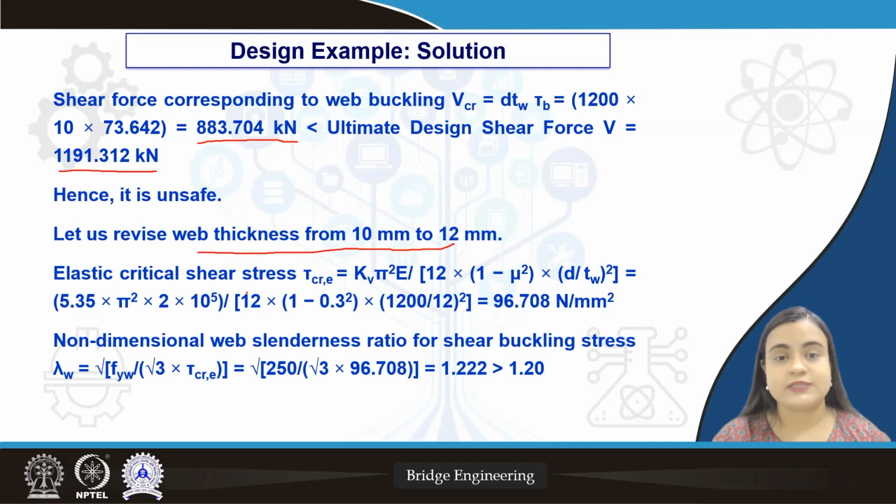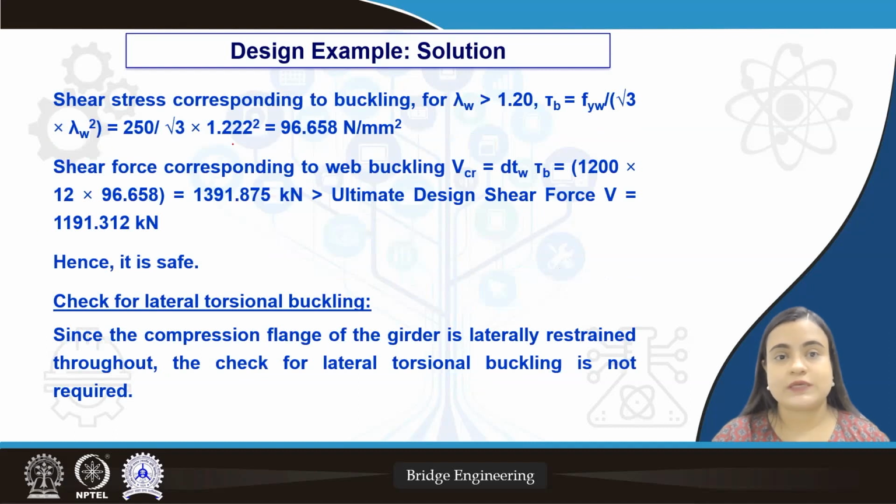So for the revised web thickness, elastic critical shear stress turns out to be 96.708 MPa. Non-dimensional web slenderness ratio for shear buckling stress lambda w turns out to be 1.222. So the shear stress corresponding to the buckling for lambda w greater than 1.2 will be equal to 96.658 MPa.